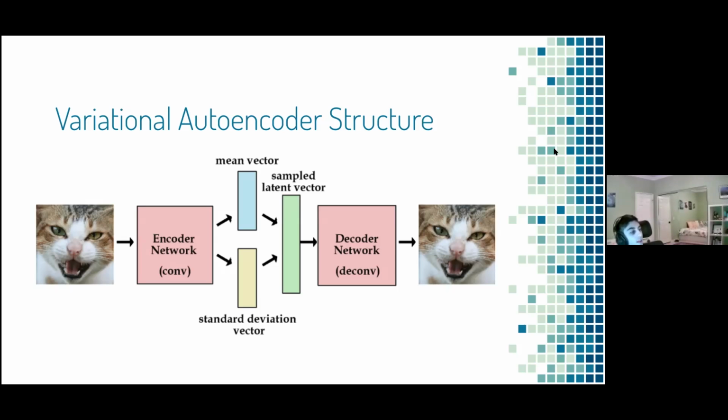When you look at this green vector that's on the screen right now, in the normal autoencoder, if you randomly sample any vector from that space, what you'll notice is that 99.999% of the time, that point is not going to represent a compression of any specific image, or it's not even going to be remotely related to any specific image, because what happens in the normal autoencoder is that it's going to assign a very specific point in your latent space to represent the higher level features of some input image that you give it.